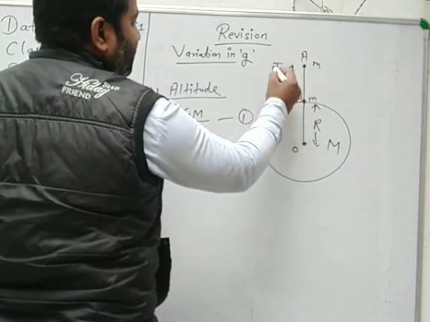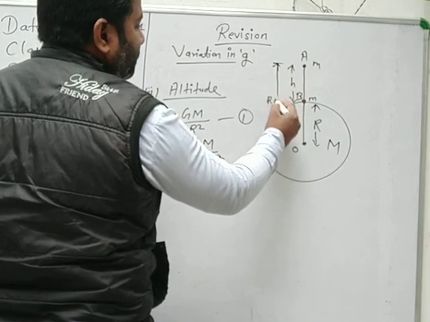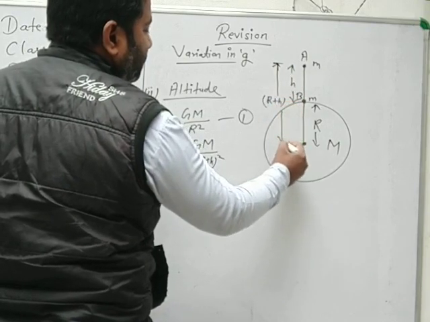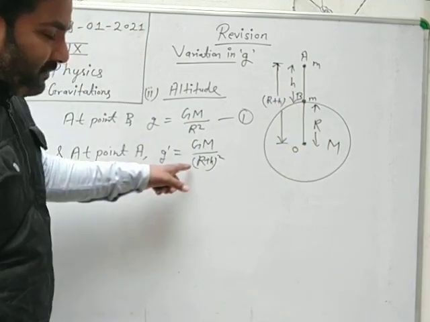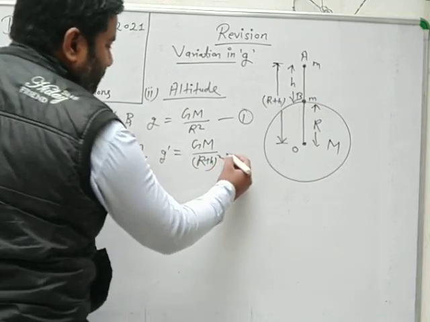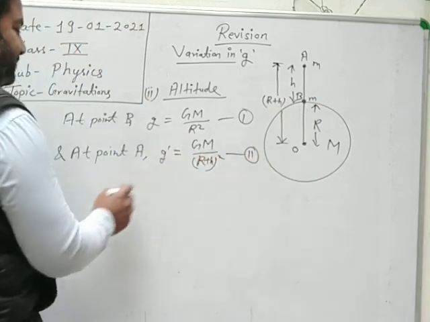The total distance of A from O is R plus h. Clear? So R plus h whole square in the denominator. Make this equation number 2, dividing second by first.